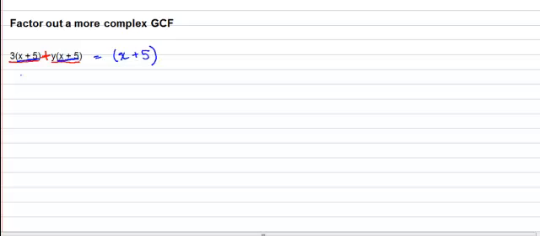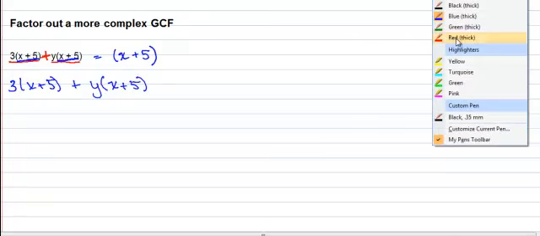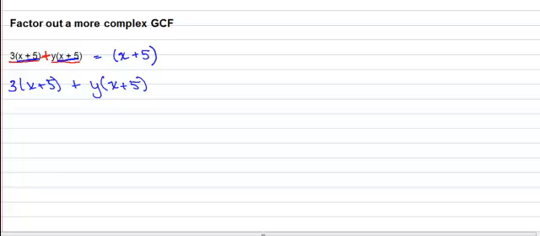The next thing that we're going to notice is that, I'm going to rewrite this so we can see it a little bit better, but when we do this, we use exactly the same process. So hopefully you see that there's really nothing different. Once we've identified that GCF, we divide out the GCF from each term.